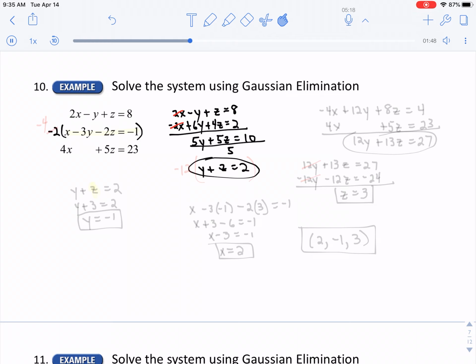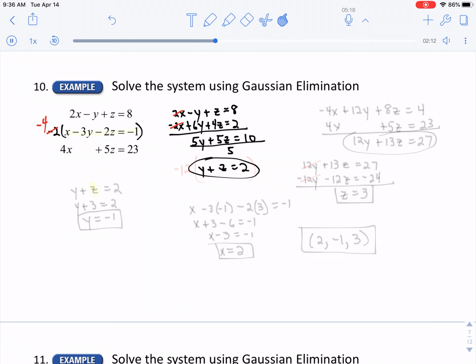All right, now I'm going to choose equations 2 and 3. For equation 2, I'm going to multiply by a negative 4 this time, so that the negative 4x and the positive 4x will cancel each other.